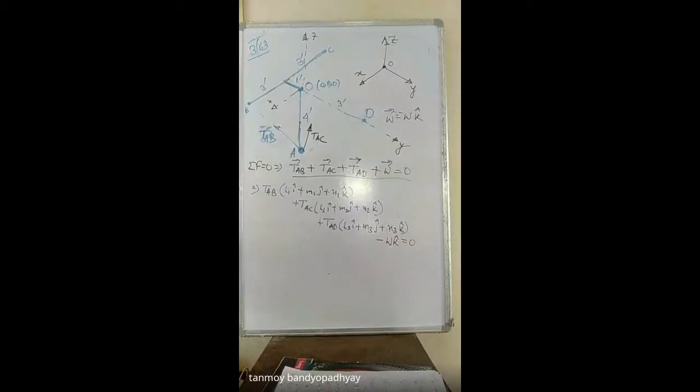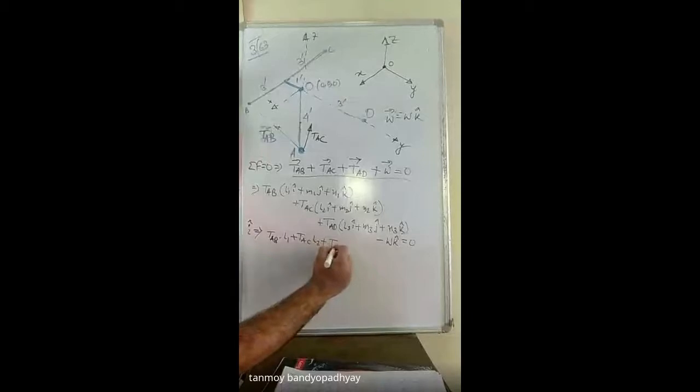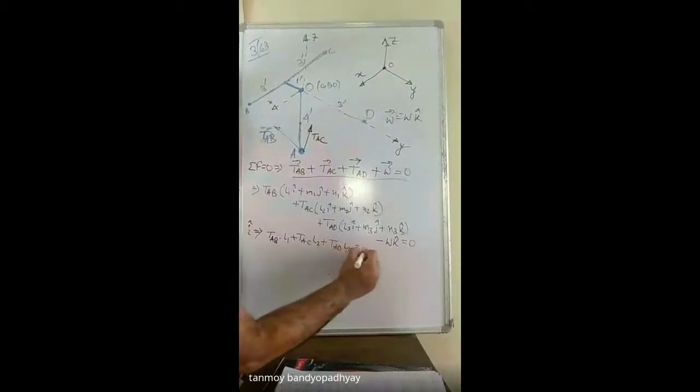Here we don't need the moment equation. Already we are getting 3 independent equations, just from the force balance. Equating the coefficients of I cap, J cap and K cap, we should have these equations: TAB into L1 plus TAC into L2 plus TAD into L3, that is equal to 0.